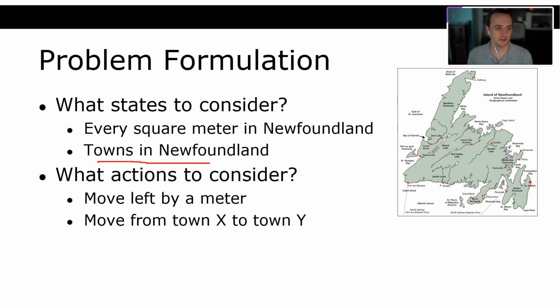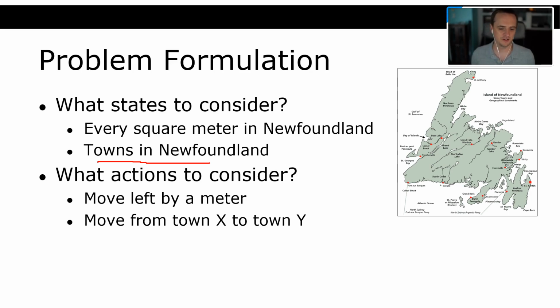So if we're taking that as the states to consider, then what actions should we consider, okay? Well, in the first one, if we were considering every possible square meter in Newfoundland, then maybe one action was just move left by a meter or move right by a meter, right? And so with those actions, the resulting path would be so large that it would make our problem very, very hard to solve. So we could move from town X to town Y, right?